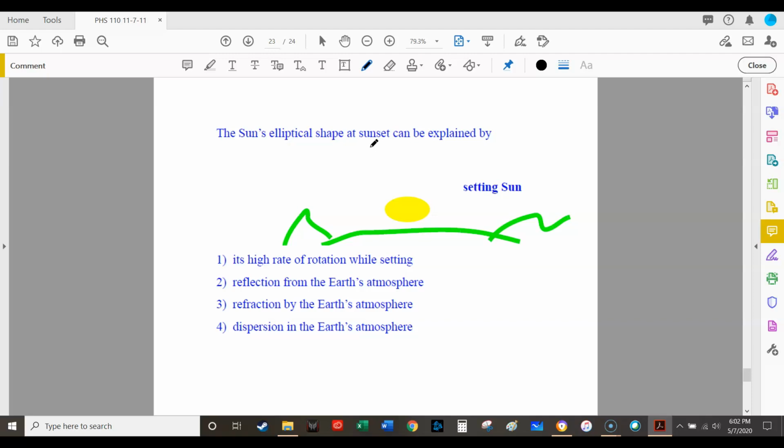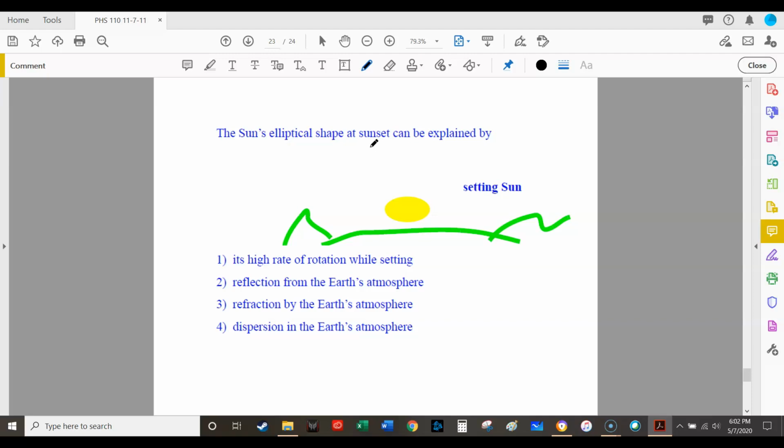When the sun is right above us at noon, it's a perfect circle, right? But when it starts to get really close to the horizon, right when it's about to set or rise, it looks red, and it's actually kind of oval.